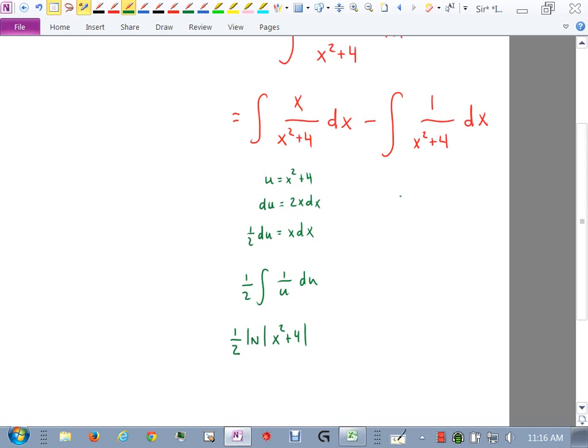Over here, it's arctan, right? But what's a for us here? A is 2, right? A is 2 in the formula, and the antiderivative of 1 over x squared plus a squared should be 1 over a arctan of x over a. That's in your formula sheet, right? So this whole thing just becomes minus 1 over a arctan of x over a, right?